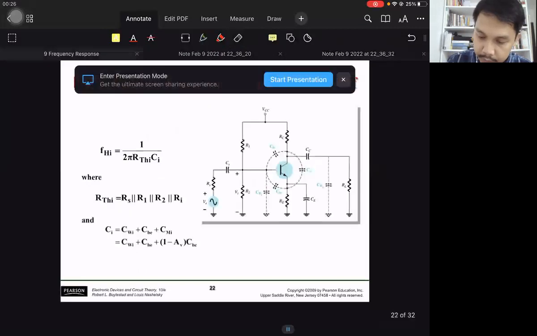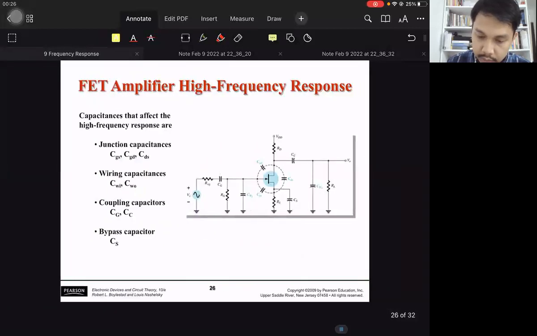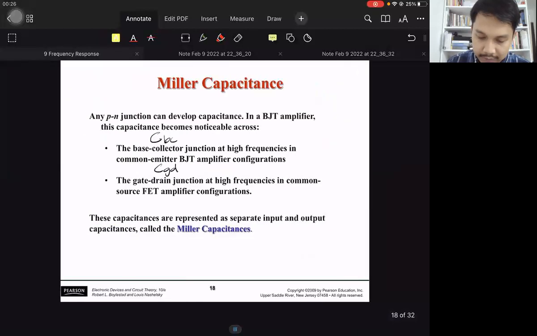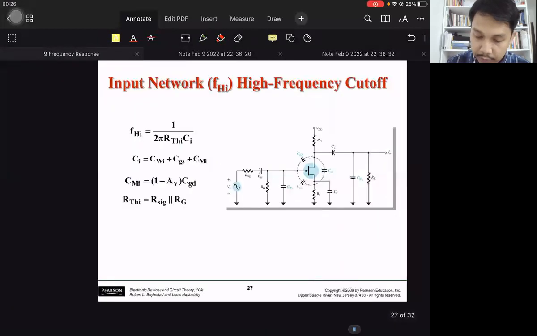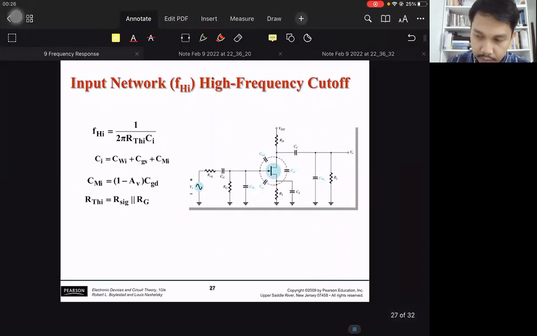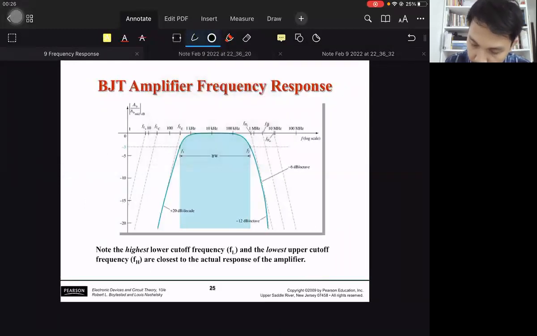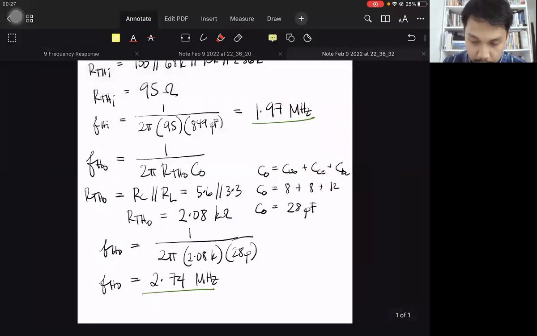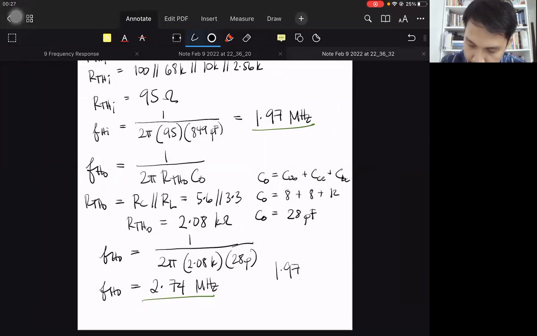Which of the two? It is opposite to the low frequency case. For the upper cutoff frequency, we take the lowest. 1.97 megahertz is lower, 1.97 is less than 2.74.